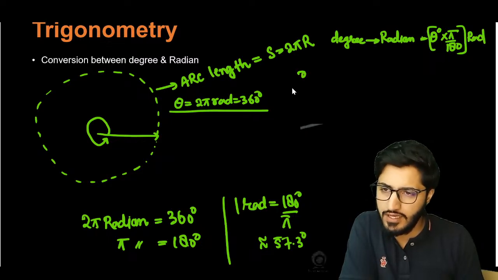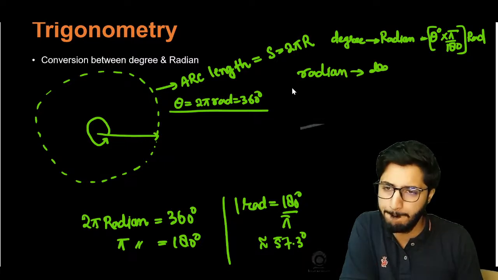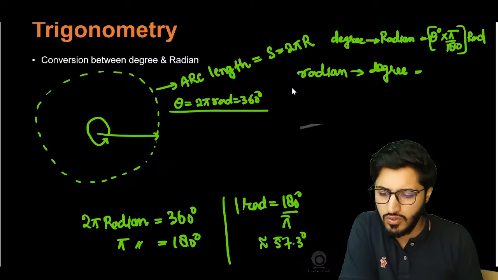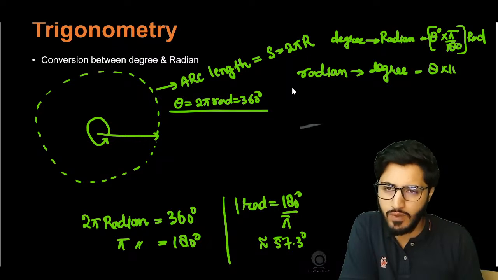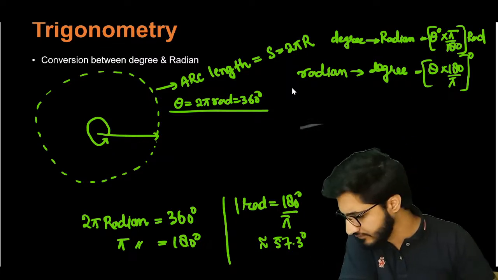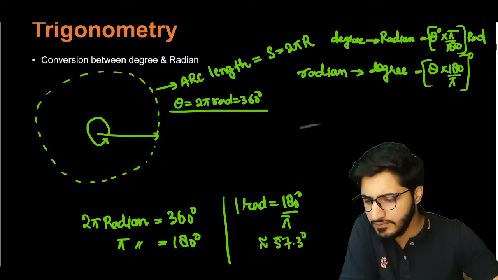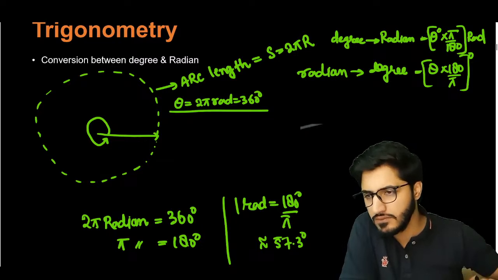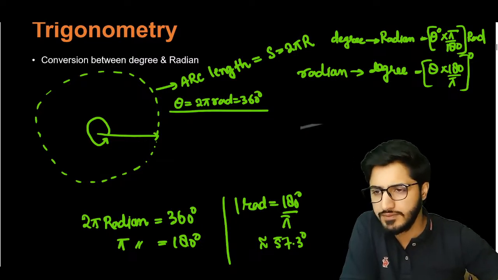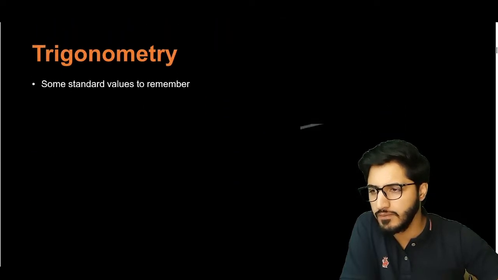If you want to convert radian into degree, you have theta multiplied by 180 by pi. You will get this as a degree. Clear? So we will do some numericals.